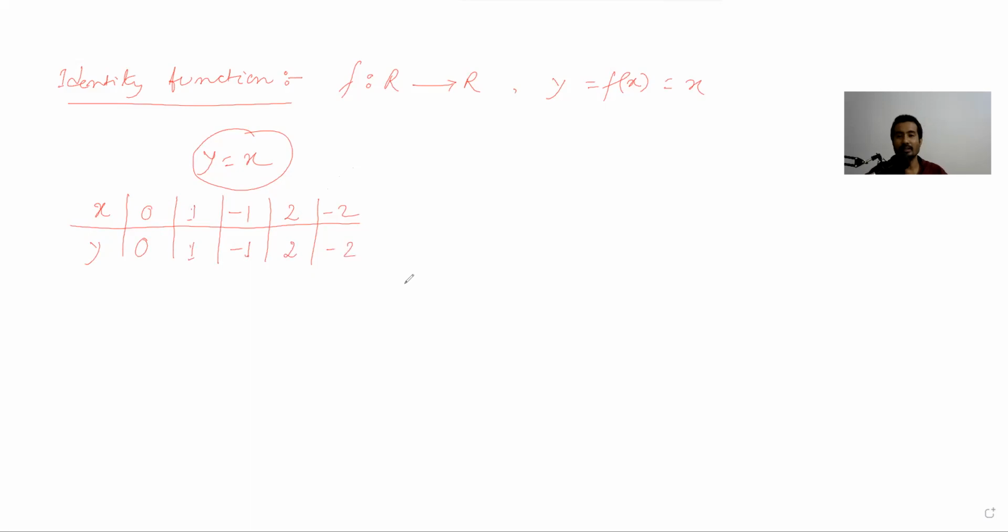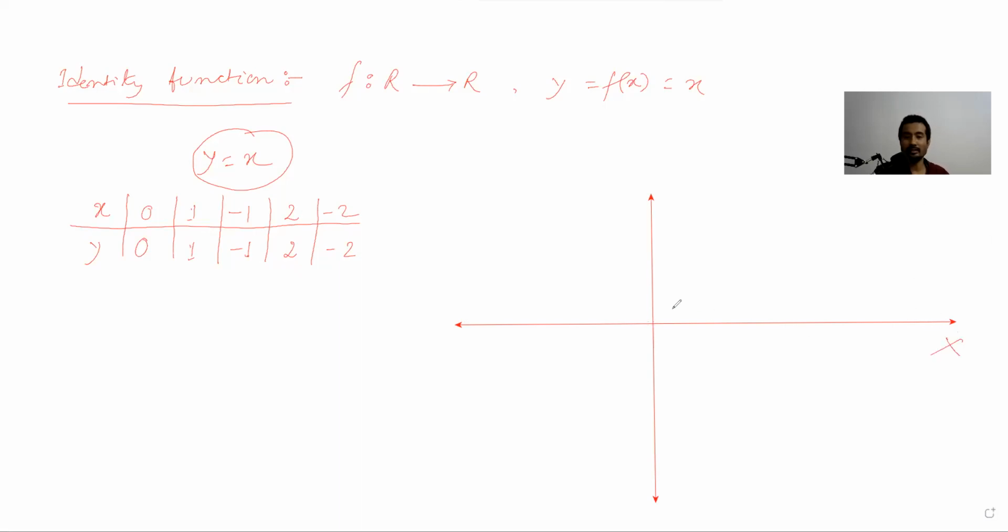Now to get the graph, what to do? Simply take the x and y axes and then plot these points. I think all of you are familiar with this pattern. Here we have taken the x-axis and y-axis, that is our Cartesian plane. Let us name it.